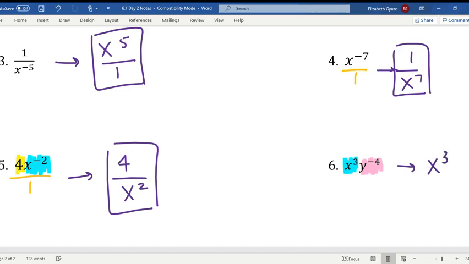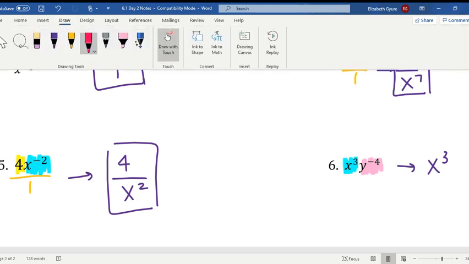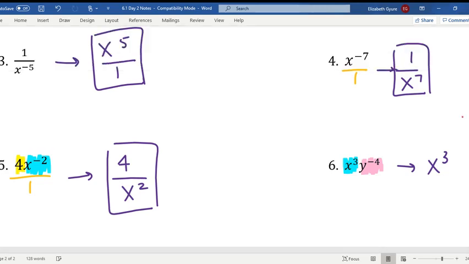I'm going to rewrite it. Now look at this y to the negative fourth. Does that have a negative exponent? What do we think? I think it has a negative exponent. So where does it need to go?